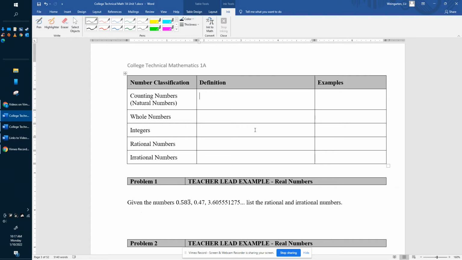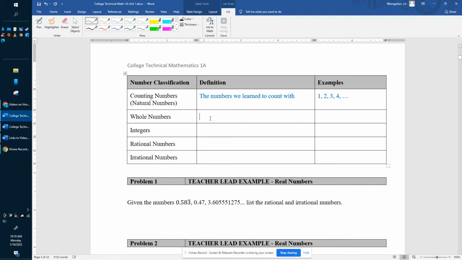So whenever you see the word natural numbers, you can think counting numbers. So again, the definition is the numbers we learned to count with. Again, the examples are 1, 2, 3, 4, and so on.